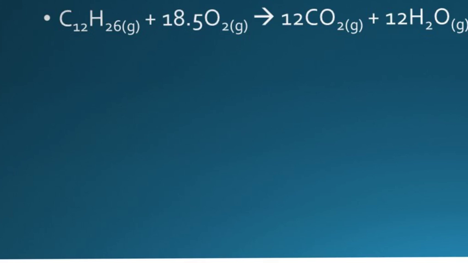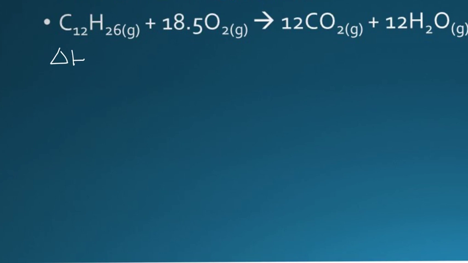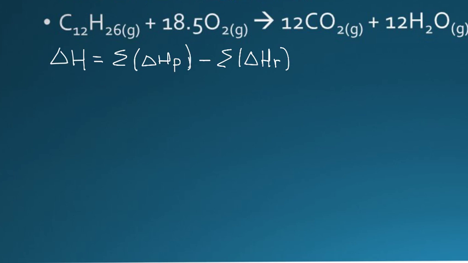So, as always, delta H equals the sum of the delta H of our products minus the sum of the delta H of our reactants.